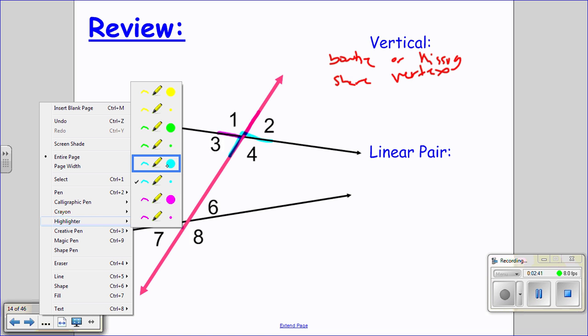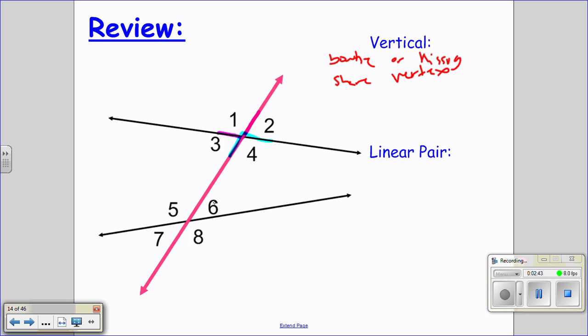Another pair of vertical angles would be 6 and 7, 2 and 3, and 5 together with 8. So let's write those all out before we forget.